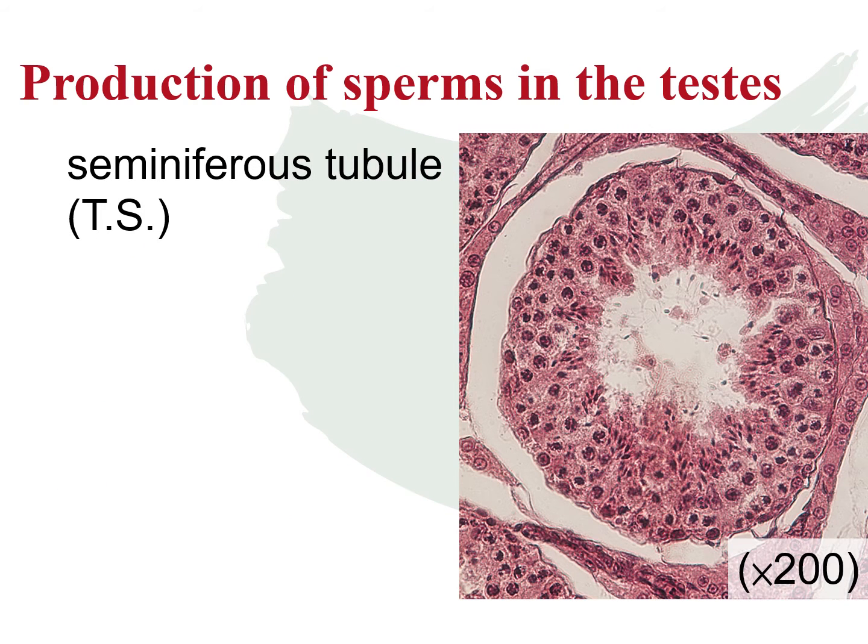When you cut open the testis and put it under the microscope, you will be able to see the inner structure like this. At the center, these are the tubules.